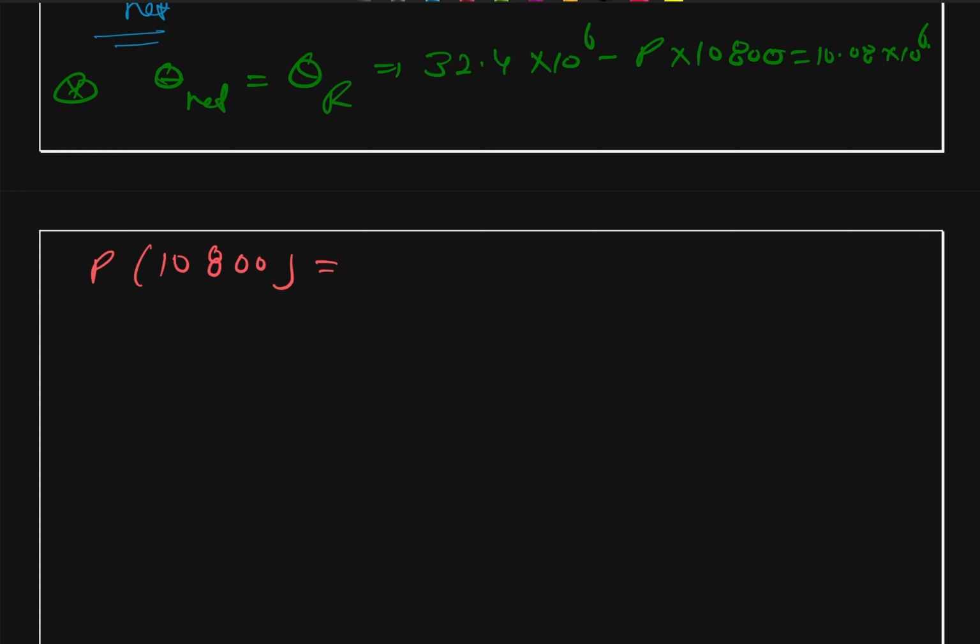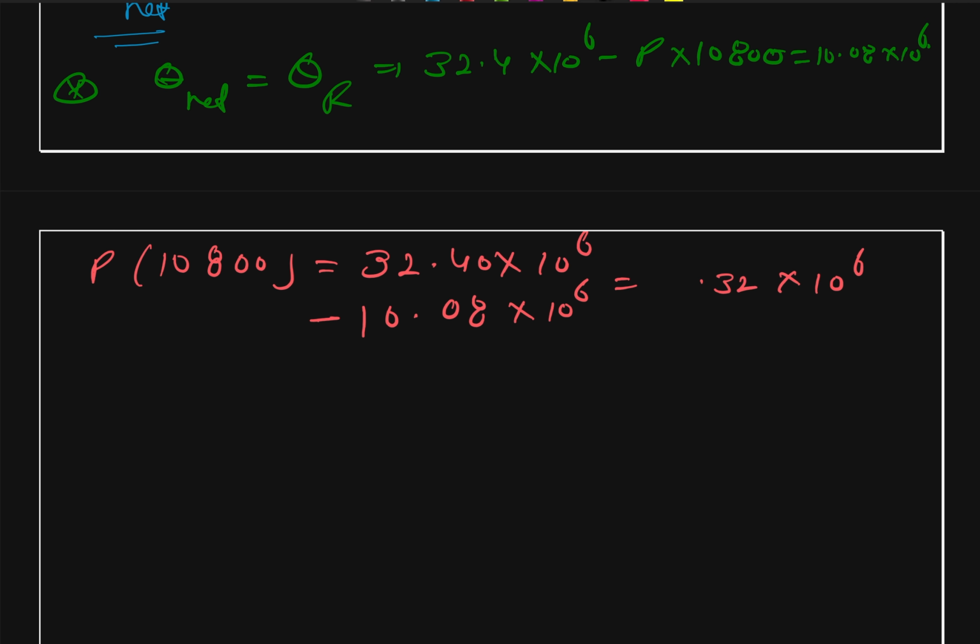So we can say this is equal to 32.4 into 10 to the power 6 minus 10.08 into 10 to the power 6, and this comes as 22.32 into 10 to the power 6.